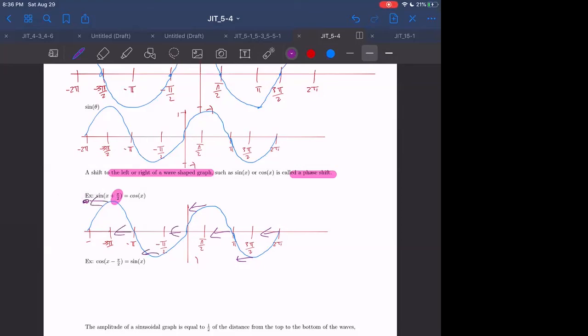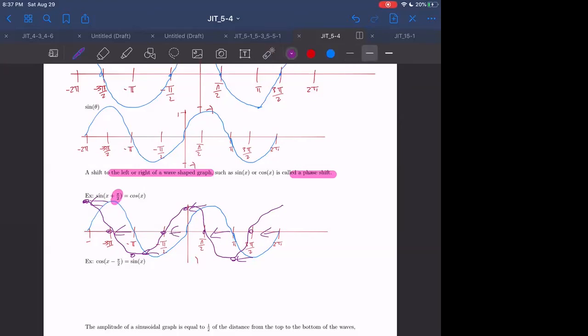Then what's going to happen is I'm going to get the cosine graph. So I took every point and shifted it to the left by pi over 2, and that gives me the cosine graph.